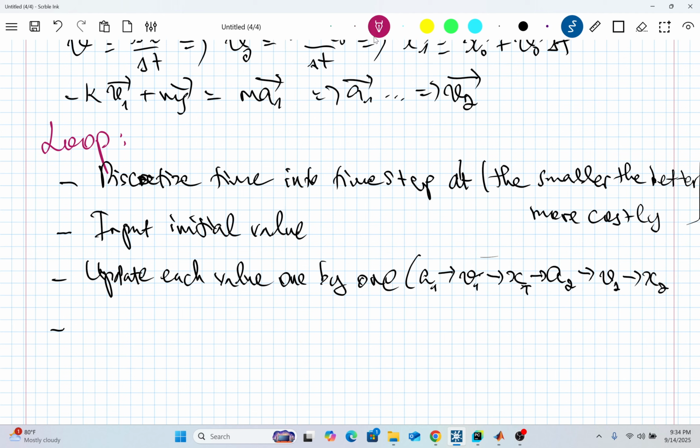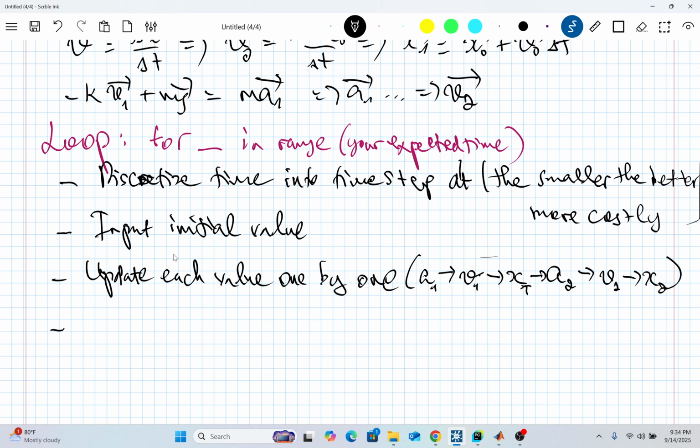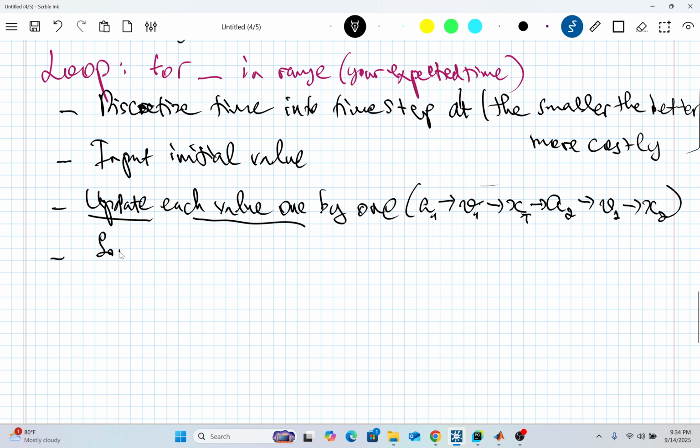So this loop will be for something in the range of your simulation steps, your expected time. Okay, and it's going to go on forever. Update each value one by one, and maybe you can solve for constraints, and we'll talk about constraints in a later section.